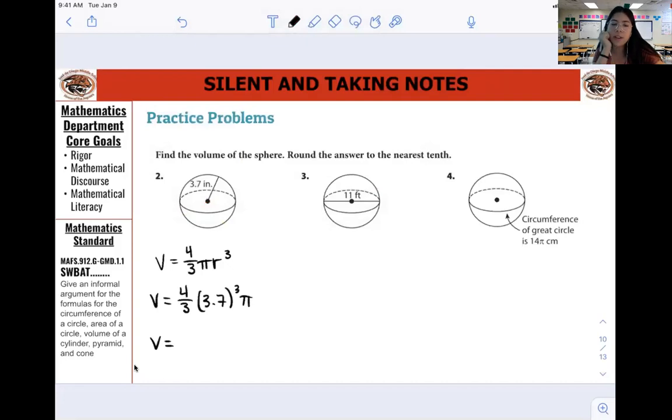And round your answer to the nearest 10th in terms of pi. 15 seconds, type your answers into the chat.